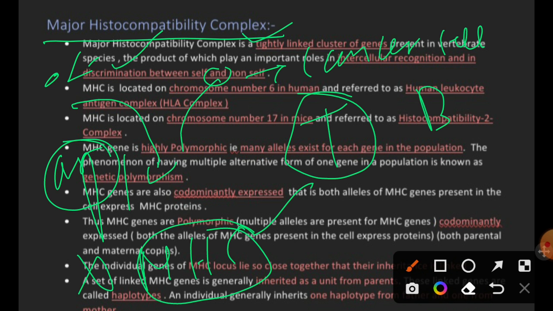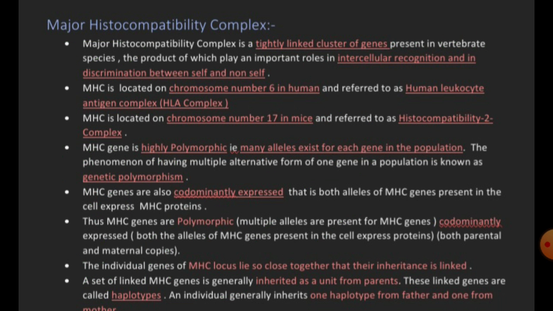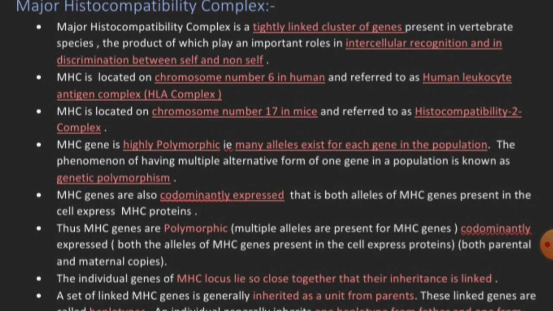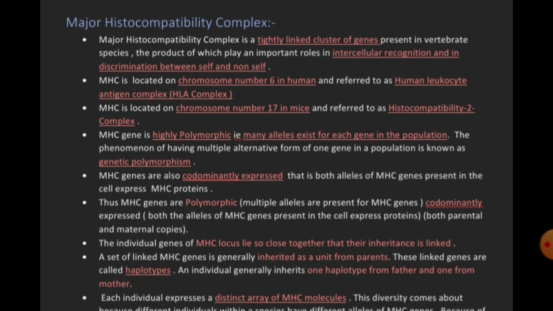Which one is exogenous and which one is endogenous is discriminated by MHC molecules. So a T cell is nothing without an MHC molecule, remember it. You may understand how important a concept MHC is. We will talk about how MHC plays an important role in that discrimination in upcoming videos.